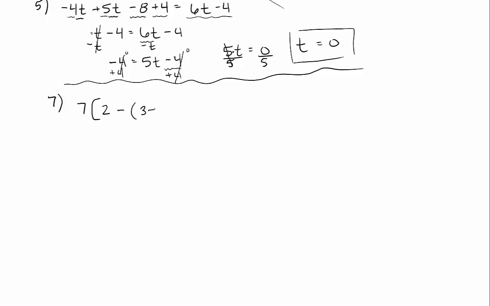You don't have to. 3 plus 4x, close that one, close this one, minus 2x equals, to make sure I'm staying with the same problem here, equals negative 9 plus 2, and then parentheses 1 minus 10x.